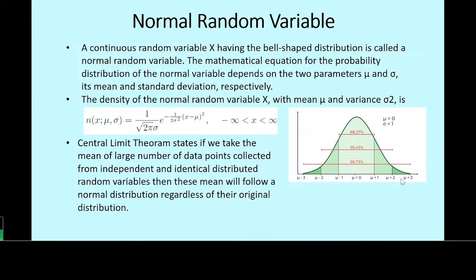One of the reasons why the normal distribution is so widely used in statistics is the central limit theorem. It states that if we take the mean of a large number of data points collected from independent and identically distributed random variables, then the mean of this data will follow a normal distribution regardless of the original distribution.